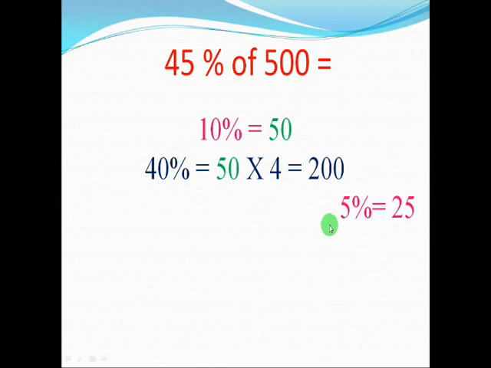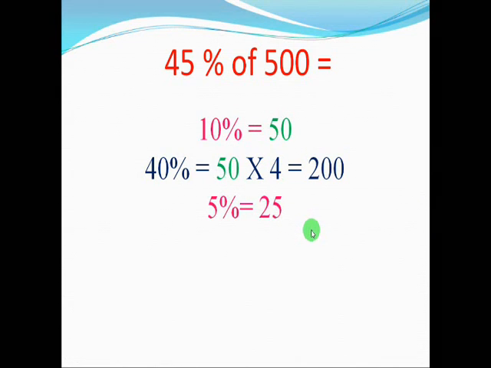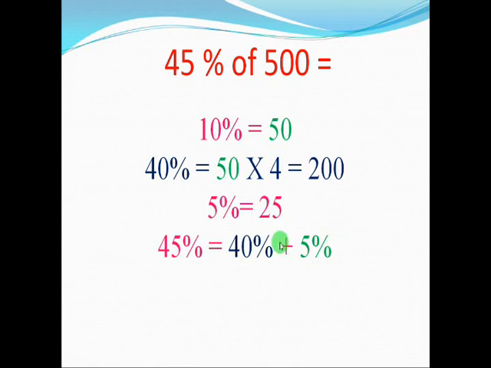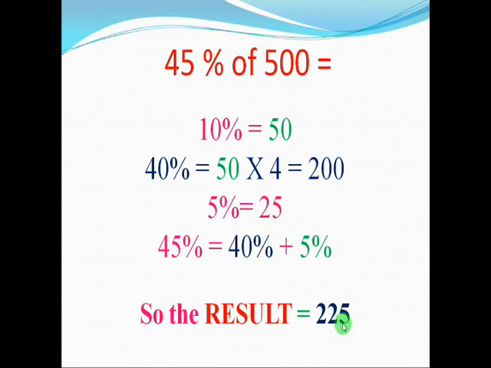Then 5%: as 10% equals 50, 5% is equal to 25. Then the result will be the sum of 200 plus 25, as 45% equals 40% plus 5%. The result is 225.